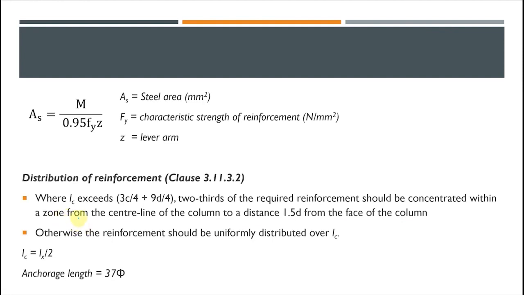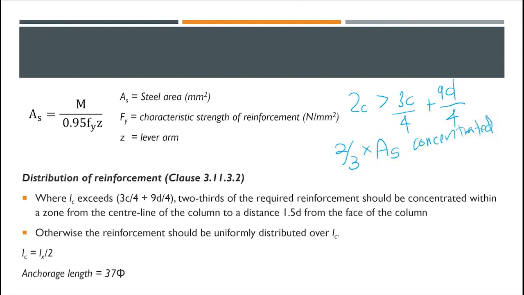Where LC exceed 3C over 4 plus 9D over 4, 2/3 of required reinforcement should be concentrated within a zone from centerline of column to a distance 1.5D from the face of the column. When LC is more than 3C over 4 plus 9D over 4, 2/3 of AS will be concentrated within a zone from the center line of the column.